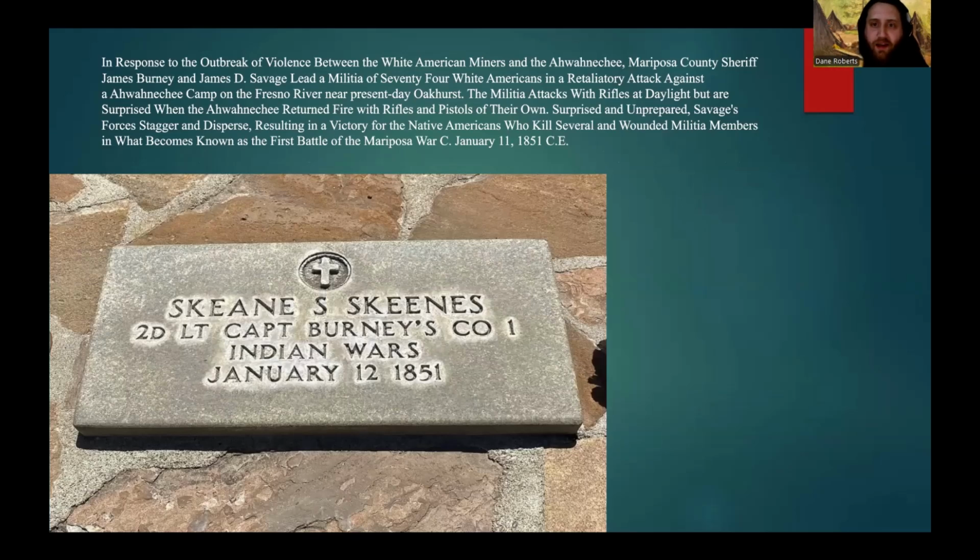The militia would attack with rifles at daylight, but were surprised when the Ahwanichi returned fire with rifles and pistols of their own. Surprised and unprepared, Savage's forces would stagger and disperse, resulting in a victory for the Native Americans, who killed several militia members and wounded several more, in what would become known as the first Battle of the Mariposa War on July 11th, 1851 CE.